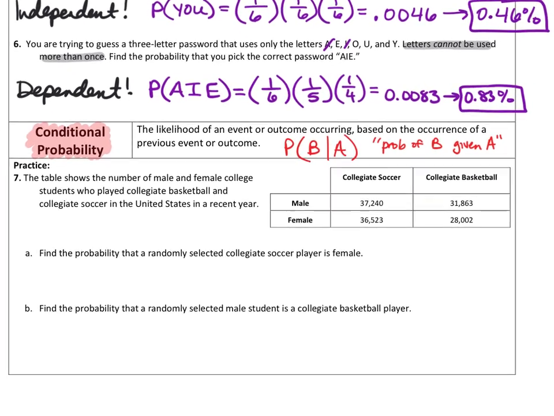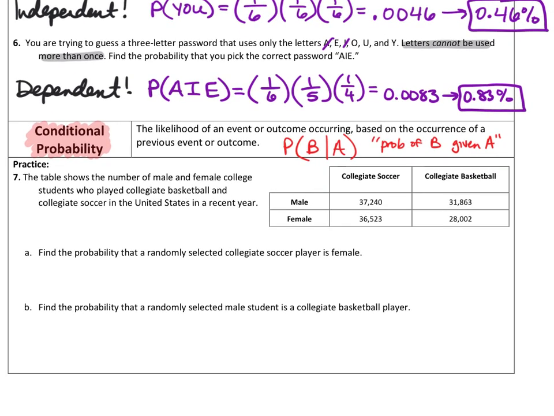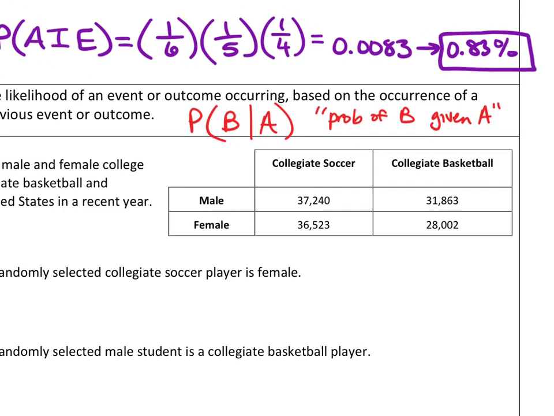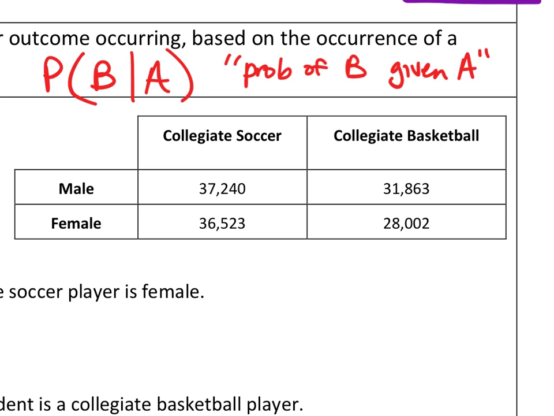In the example for conditional probability, it says the table shows the number of male and female college students who played collegiate basketball and collegiate soccer in the United States in some recent year. Okay, we have another two-way table like we did for our pizzas. How many total collegiate soccer players are there in this table?